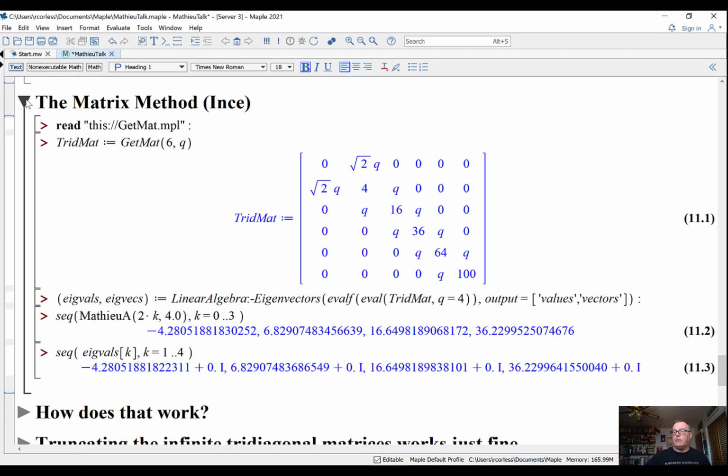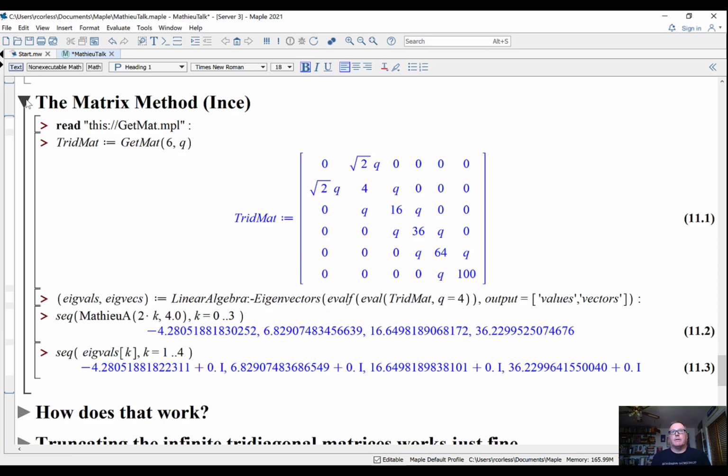And wrote down tridiagonal matrices, which turn out to be a very, very effective way to compute eigenvalues nowadays. So here's a truncated tridiagonal matrix corresponding to the even period pi eigenvalues, so cosine 0x, 2x, 4x, etc.